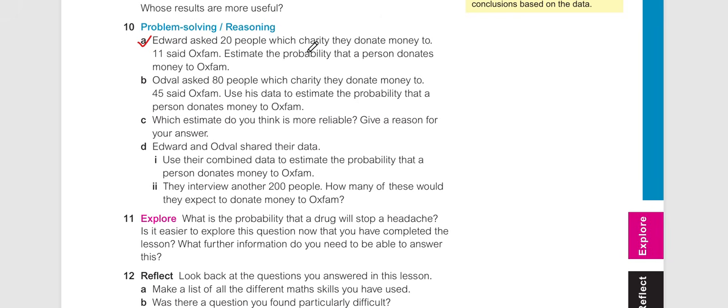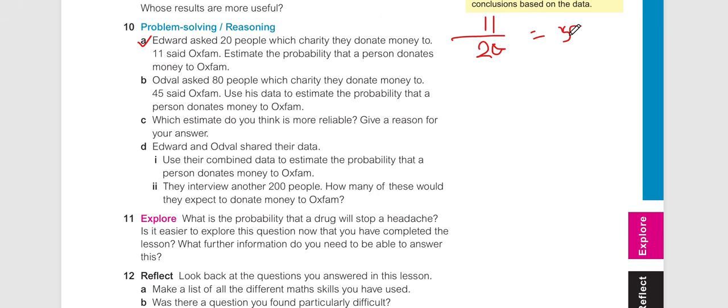So how do you find the relative frequency here? How many people altogether? 20. Out of 20, how many are giving for Oxfam? 11. You can write it like this, or you can write it as a percentage also, which is going to be 55%.